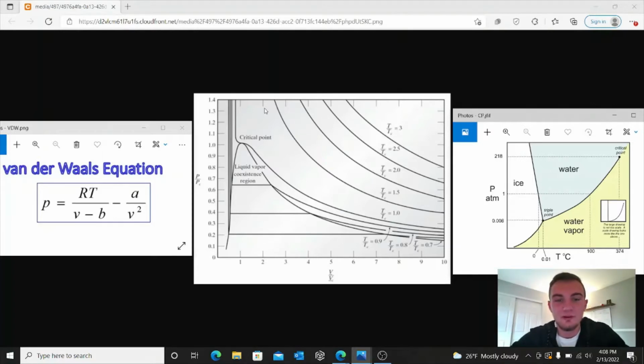Now, what you see here on the left is when this substance is at its critical point. Again, under this curve is when the liquid and vapor phases are in equilibrium with each other. And at the critical point here, there are actually two different specific volumes, one for the vapor phase over here and one for the liquid phase.